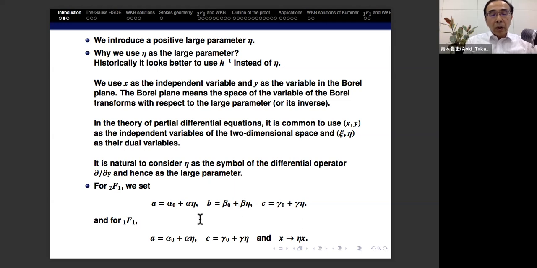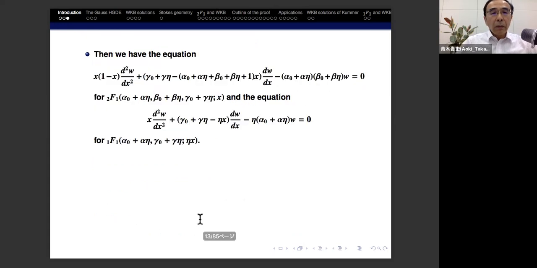That is, the parameters contained in those functions are linear functions of the large parameter. Then we have the Gauss equation of this form and the Kummer equation of this form. A little bit messy, but we consider these equations.